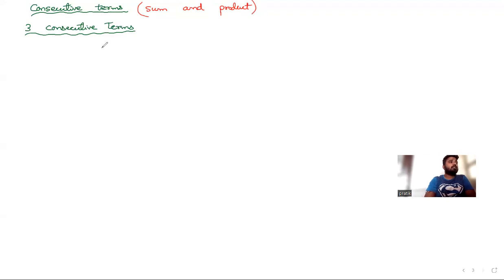So when I have three consecutive terms, it's always better to take a plus d, and please take down a minus d, one d more on this side and one d less on that side of the middle term.